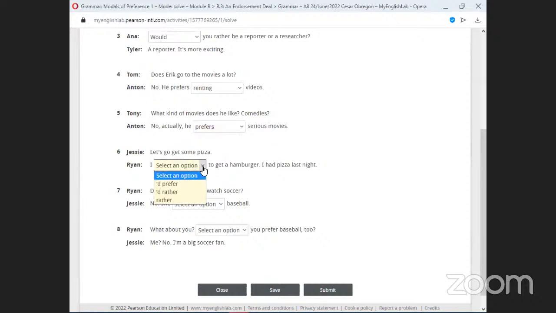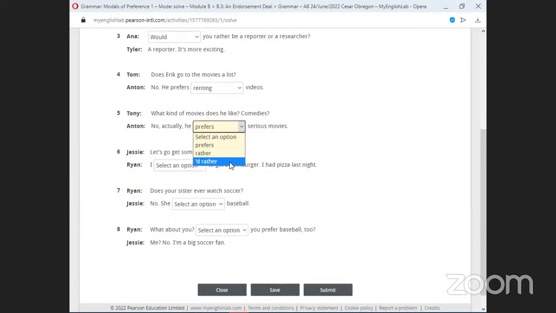I think that is not actually he would rather. I don't know. Sorry. And prefer could be used as a verb, but it's not with a preposition.